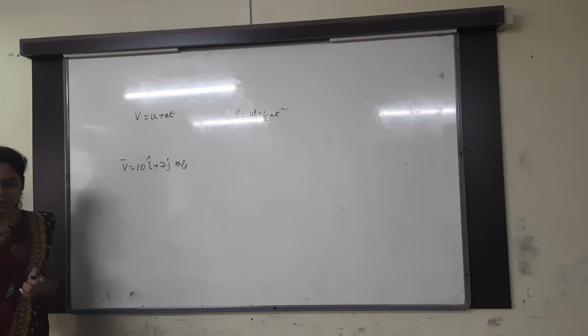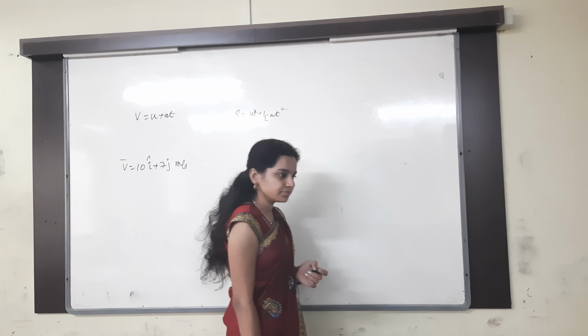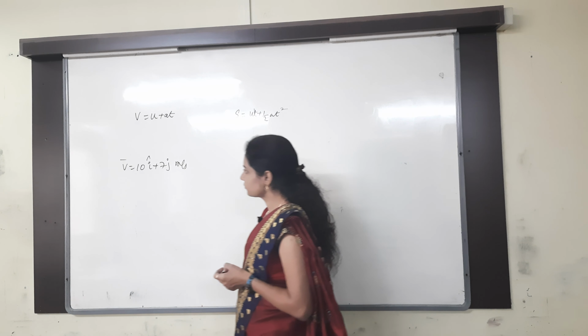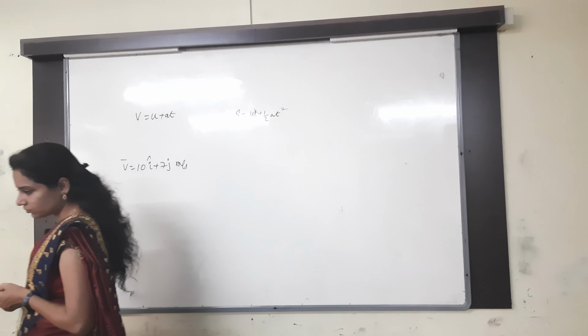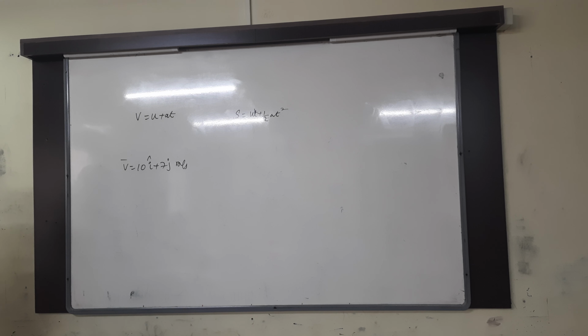Then displacement: ut plus half at square. Same answer, 10 i cap plus 7 j cap. 12 i cap plus 10 j cap. Yes, 12 i plus 10 j is the correct answer.